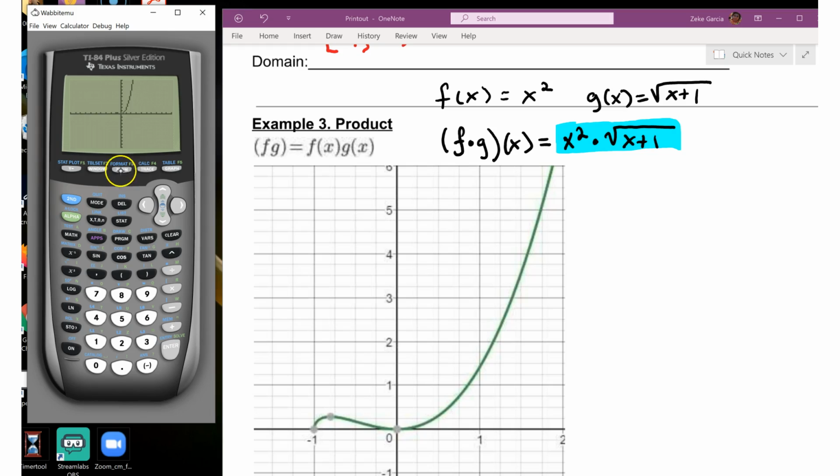And if I zoom in, you notice you get the same type of picture. So now the question is, what's going to be our domain?